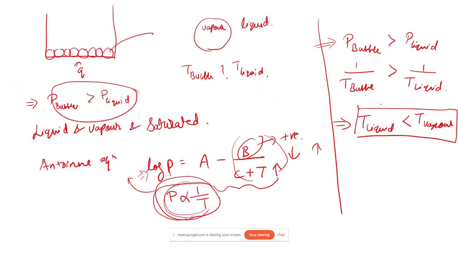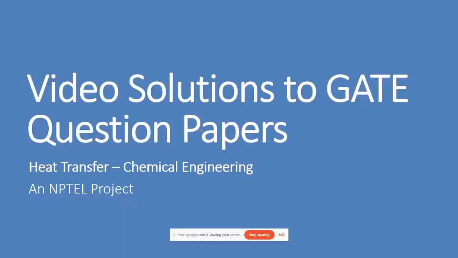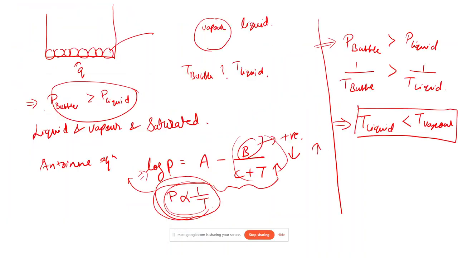Okay, so in this given question, the temperature of liquid will always be less than the temperature of vapor, which we obtained from over here.